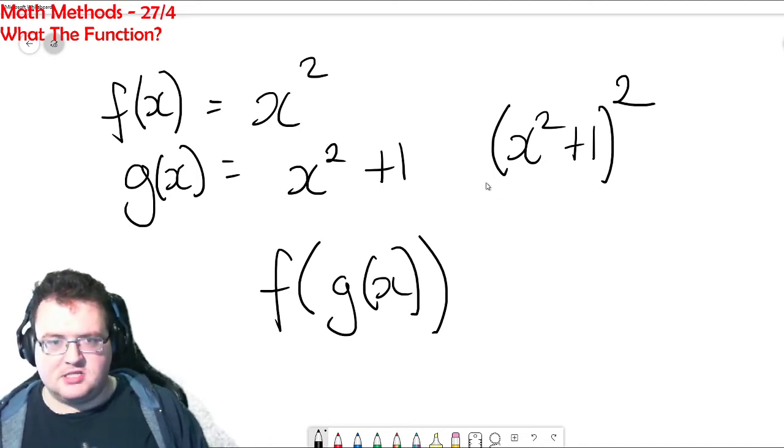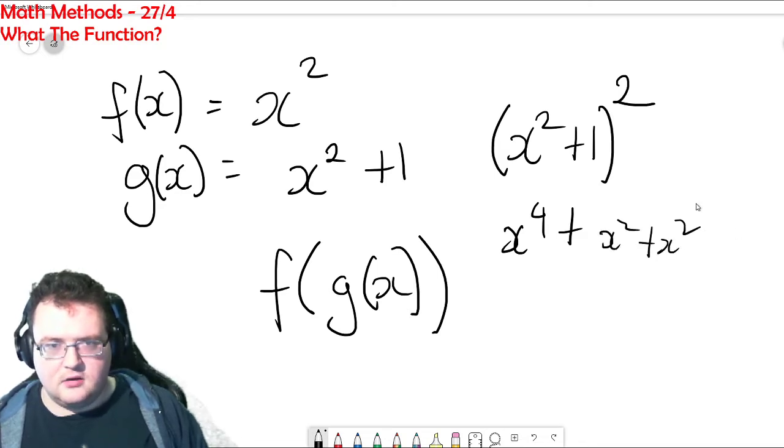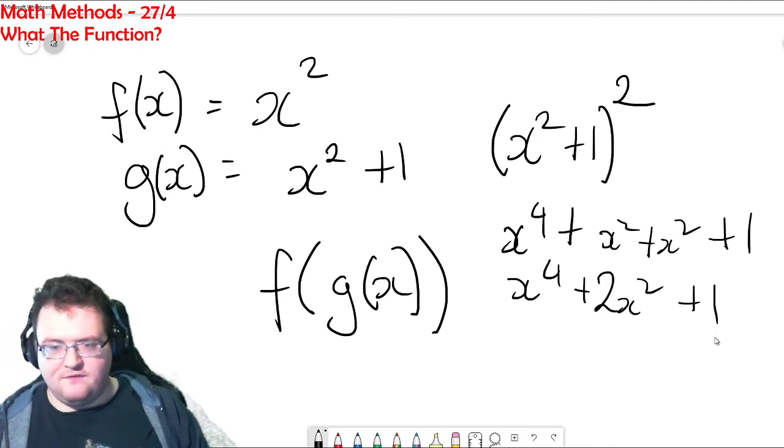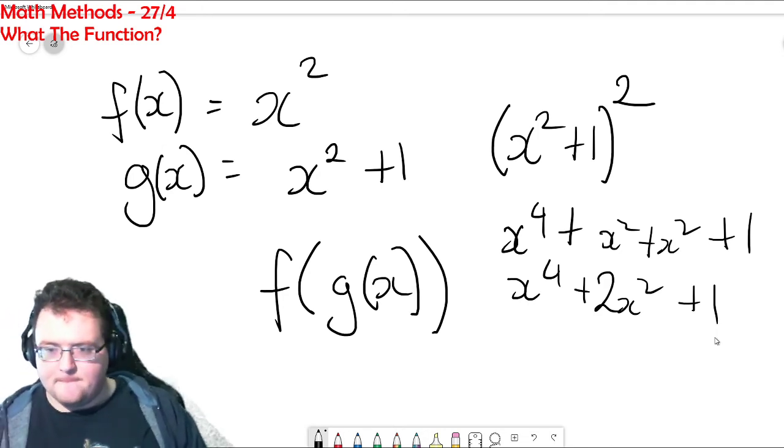And then that's a simple case of x to the 4 plus x squared plus x squared plus 1. So it's x to the 4 plus 2x squared plus 1. So Ali, very, very close. You just missed the 2.